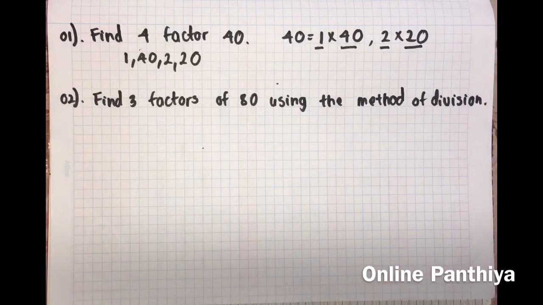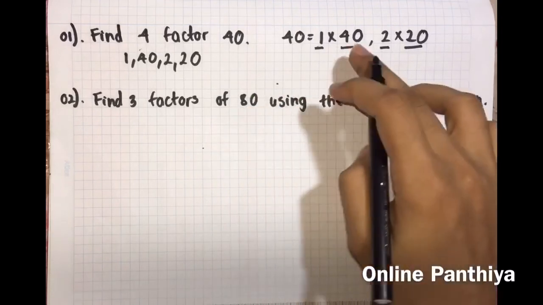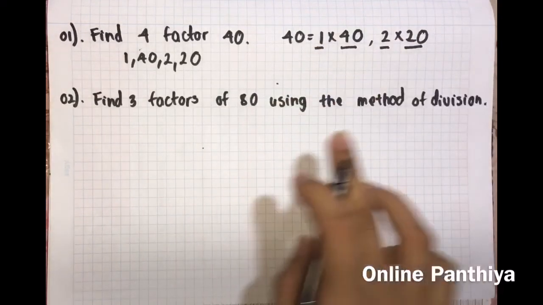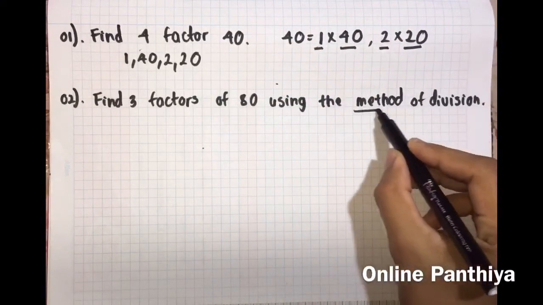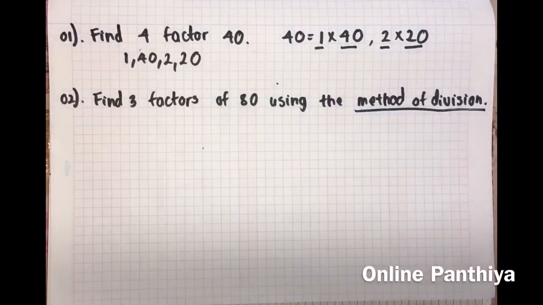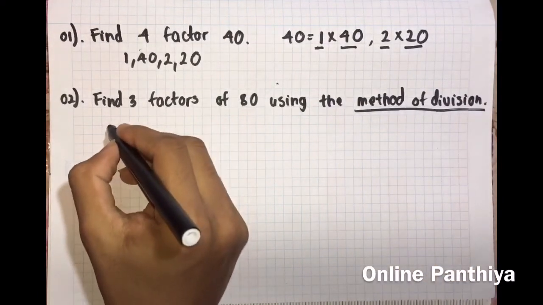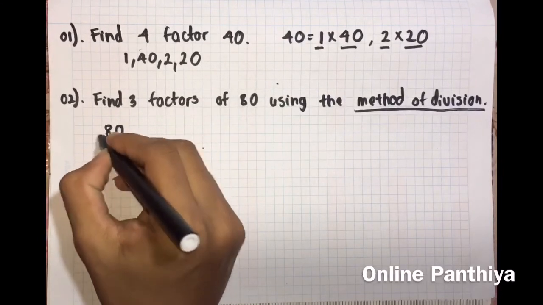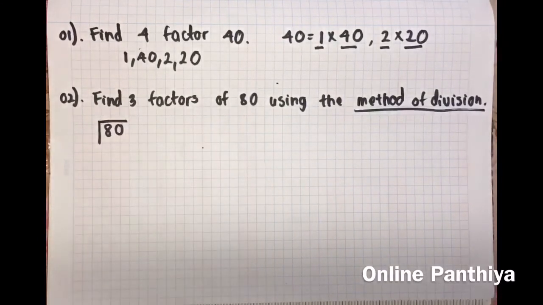Okay, one way is, if you do it in this way you can get the answers, but they have stated something. They have said method of division. How do you start? Observe, listen very carefully. You have to divide 80 by the lowest number. You can even start from 1 or 2, 3, whatever you like.